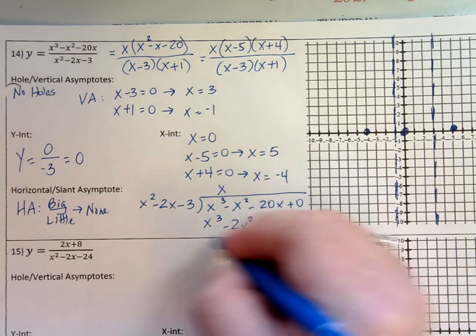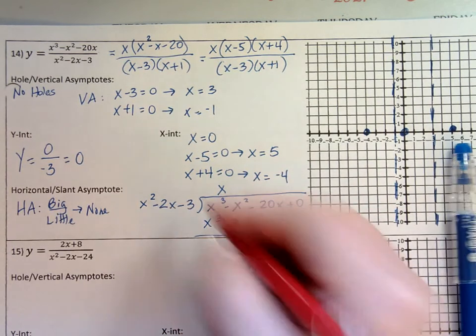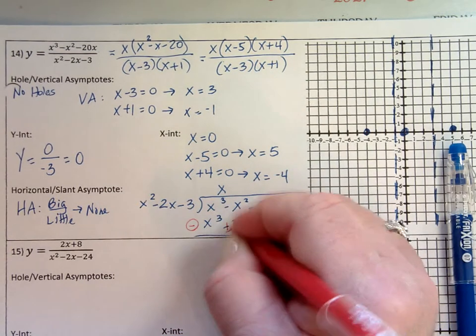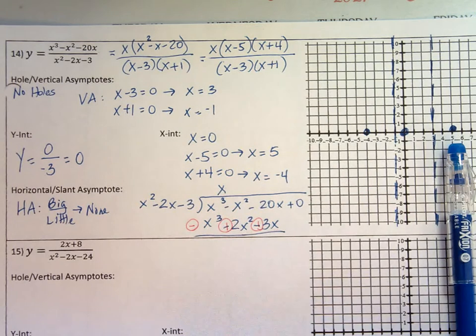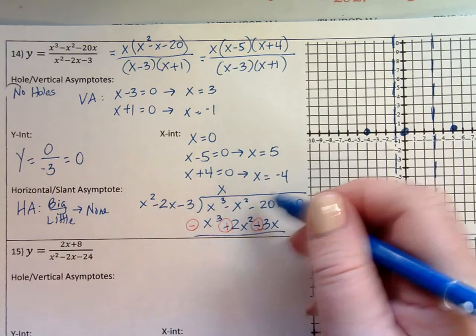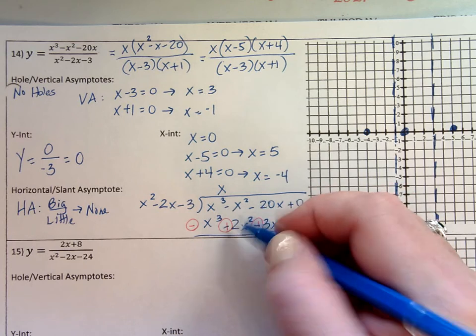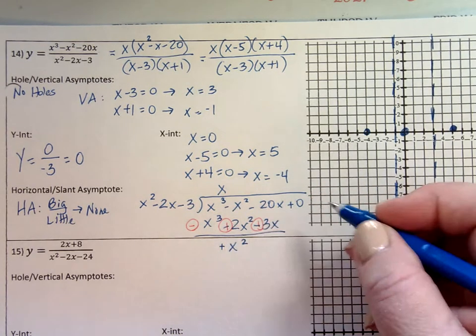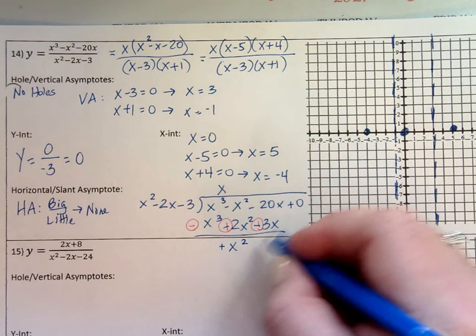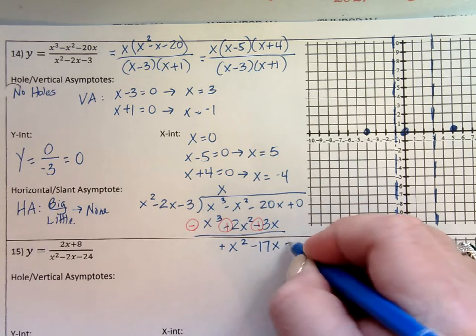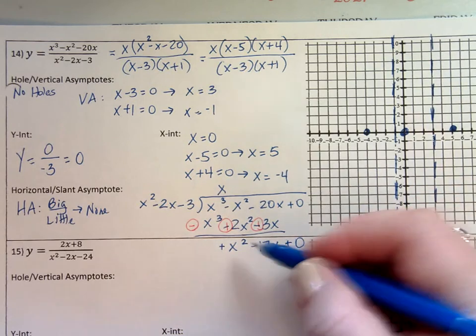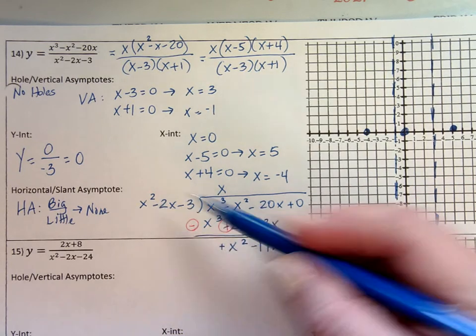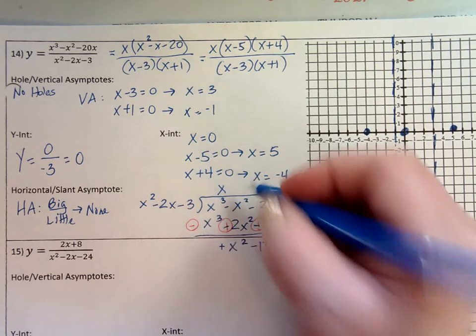Negative, positive, positive. Combine like terms. Cubes cancel. I have a -1 plus 2 is a plus 1, so I have an x squared. I have -20 plus 3, I get -17x's plus 0. And then I just have to get what this next value is. If I take x squared divided by x squared, I get 1.